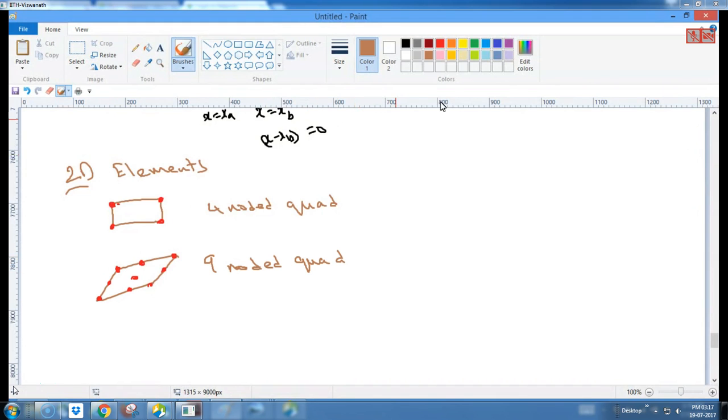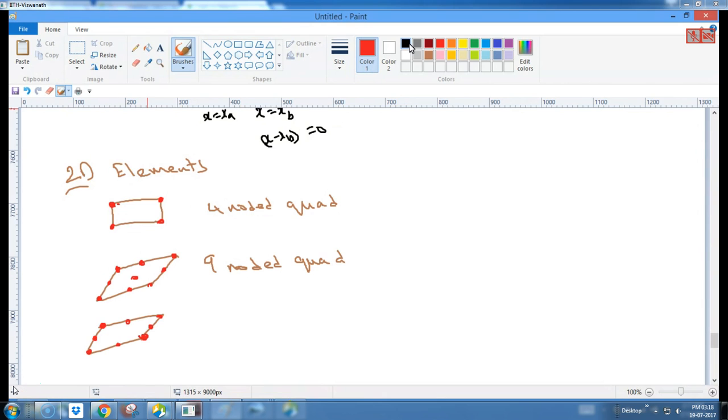And there is the serendipity element, which is a similar kind of element, but with no central node.